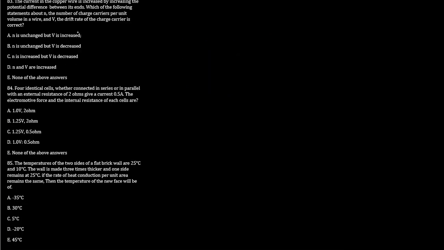A. Question number 84. Four identical cells, whether connected in series or in parallel with an external resistance of 2 ohms, give a current of 0.5 amperes. The electromotive force and the internal resistance of each cell are A, B, C, D. So we are going to consider both cases. We are going to take where the sources of EMF are connected in series.